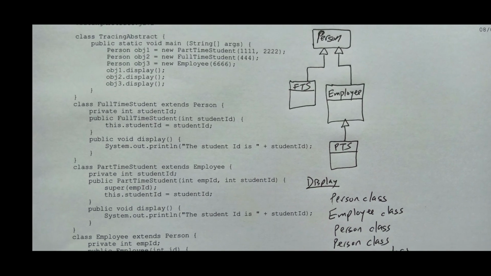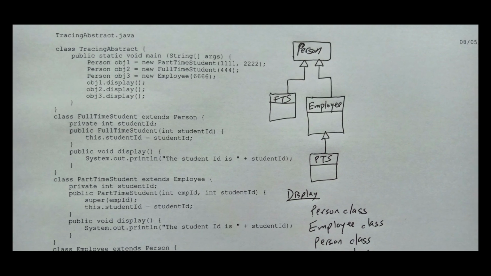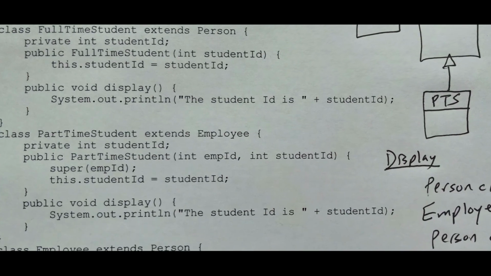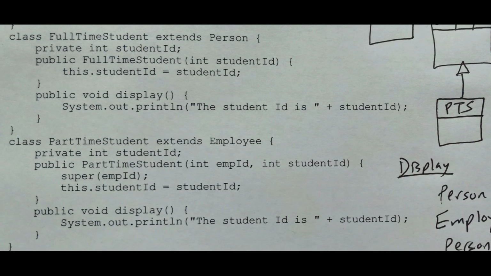If we have a look here, in full-time student the method display will print out the string, the student ID is, and concatenate it with the variable student ID.